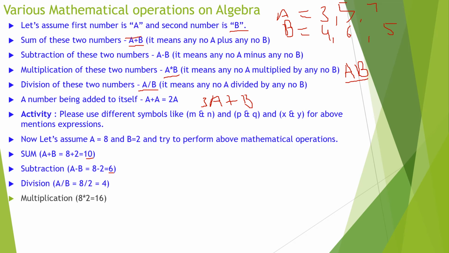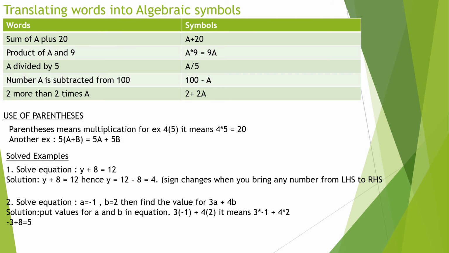Multiplication, A into B means 8 into 2 is equal to 16. So we have seen all these algebraic expressions and mathematical operations on the algebraic symbols.